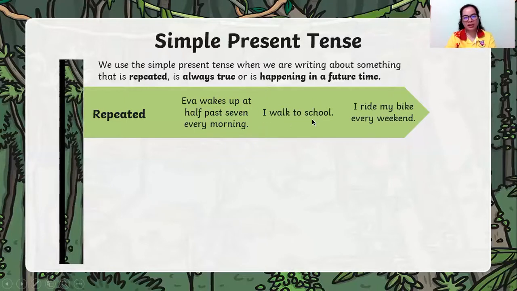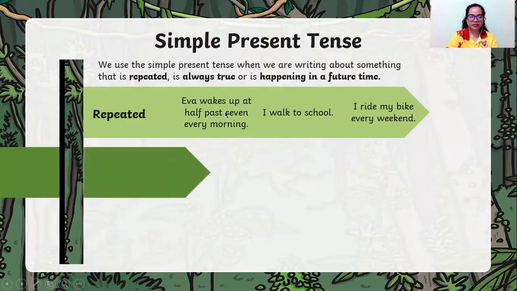So every weekday, it's either you will walk to school or you will ride a bus or something. I ride my bike every weekend. So when we say repeated, it is your daily routine, either every day or every weekend, but repeated or always.